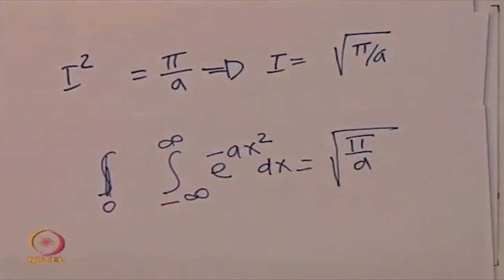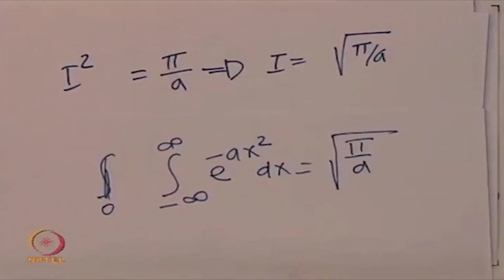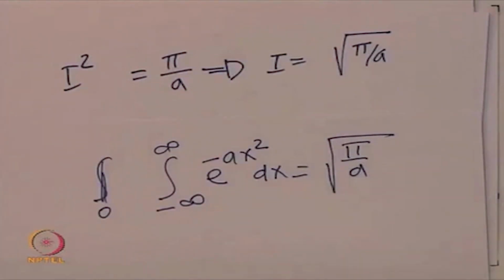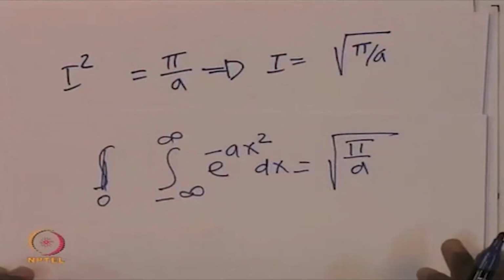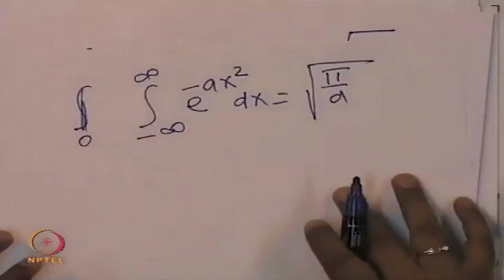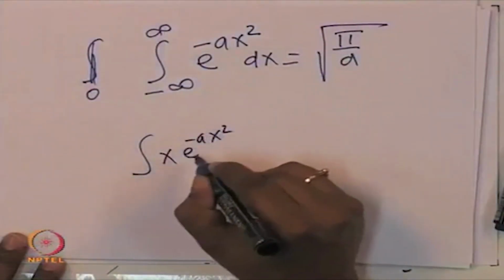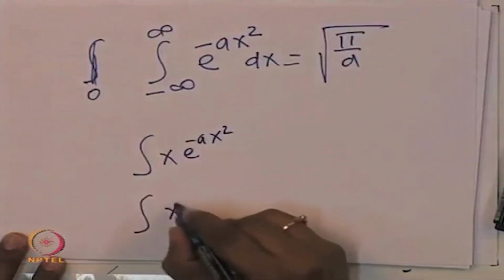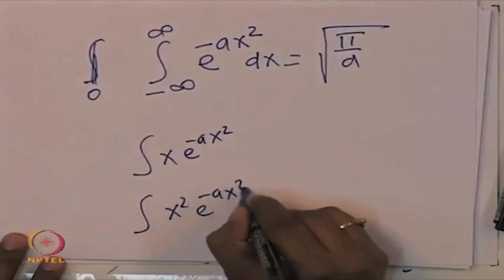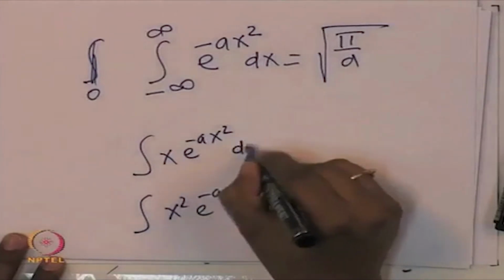This is a well known simple result to understand, but it is a very useful result many times in statistics and many other contexts, the integral of a Gaussian function. So, this will come on many occasions. Once you know this, you can calculate many other interesting integrals like integral x e power minus a x square dx, integral x square e power minus a x square dx, and so on and so forth.